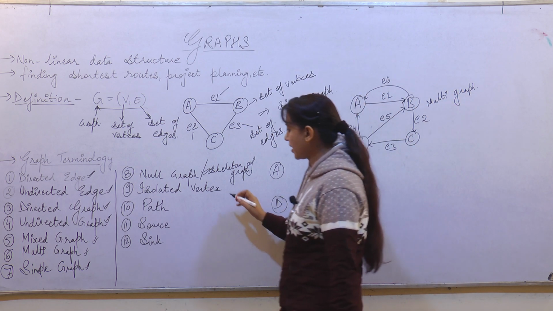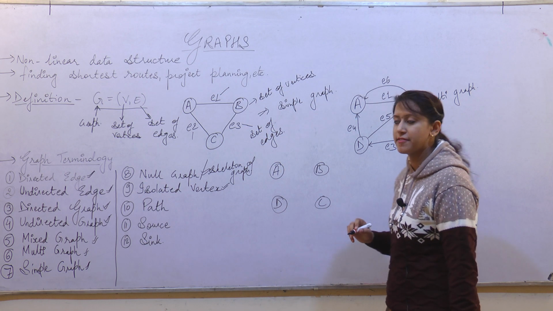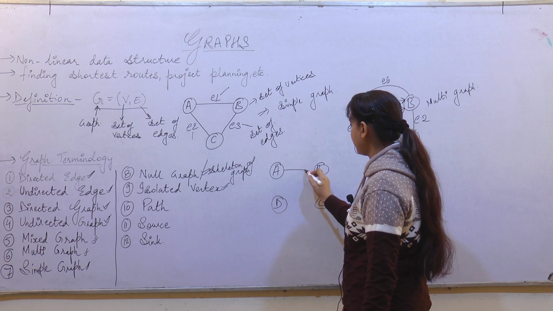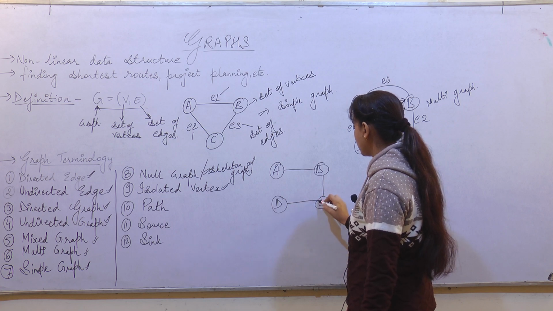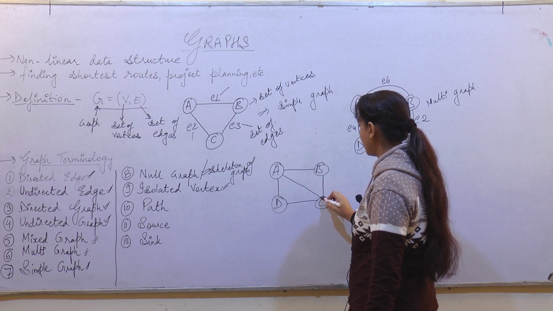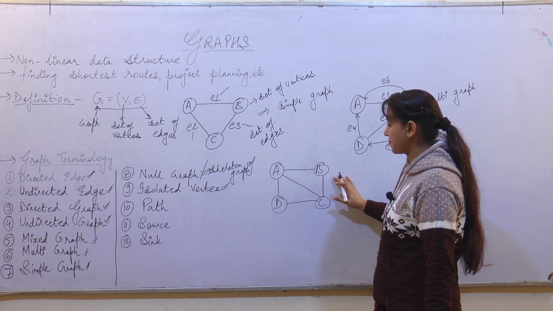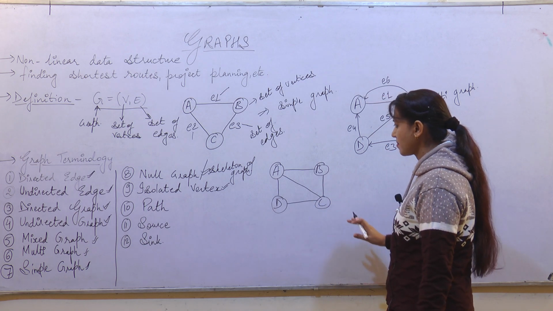Now the next terminology is isolated vertex. Suppose that this is our graph, an example of a simple graph.